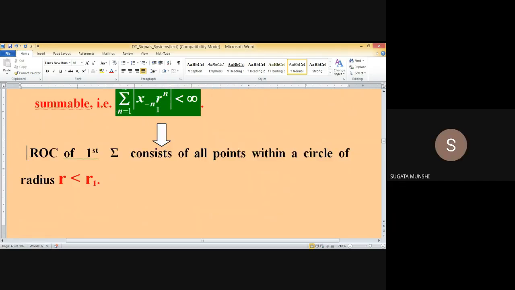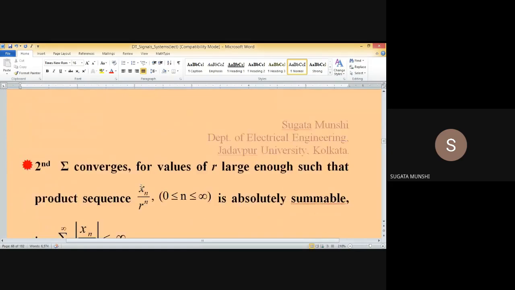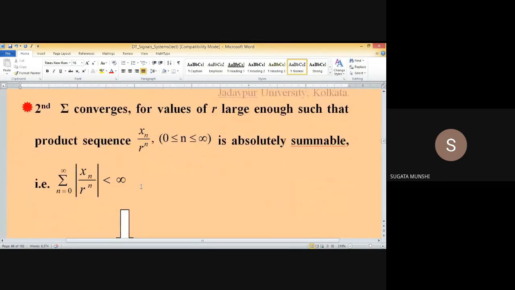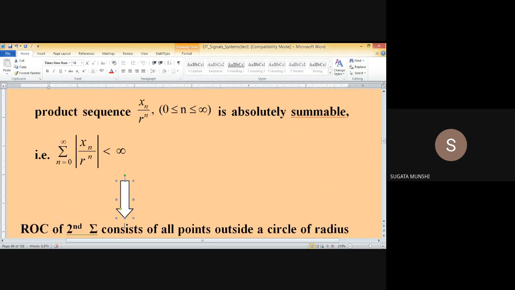So that is for this summation. All right, r less than R1. And the second sum will converge for values of the magnitude of z large enough such that the product sequence is absolutely summable. That means r greater than R2.